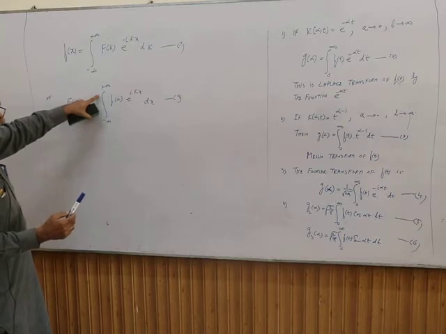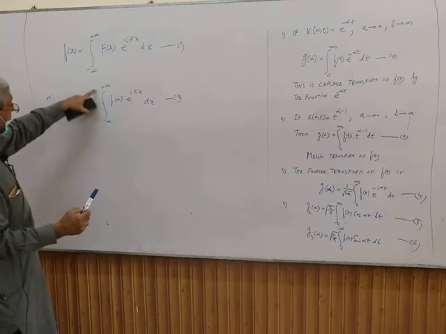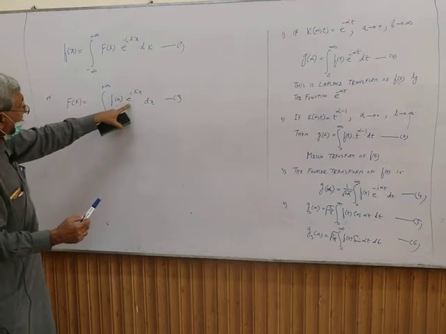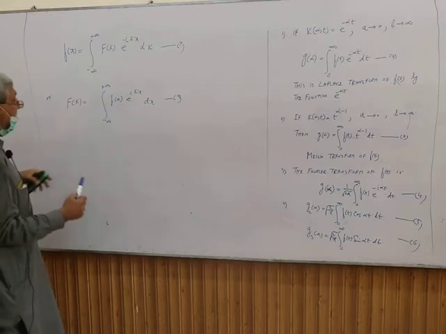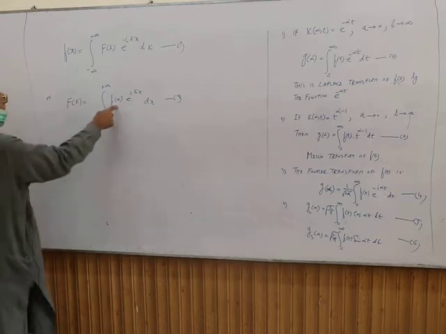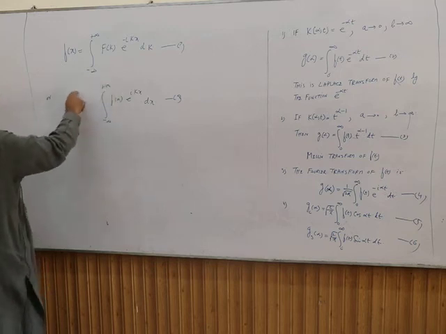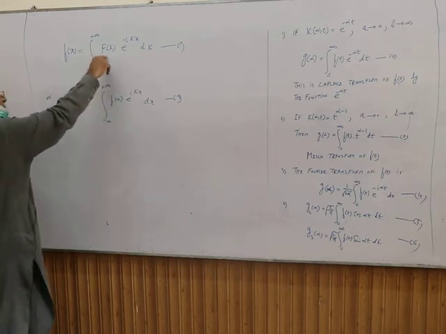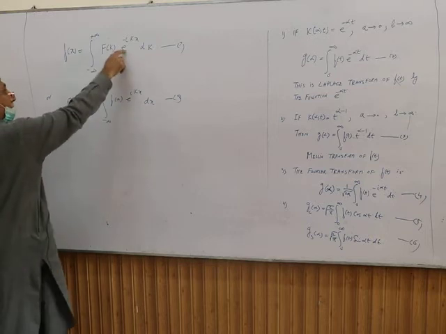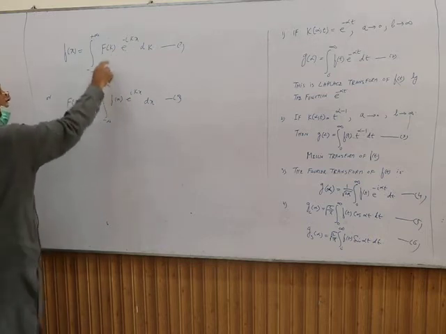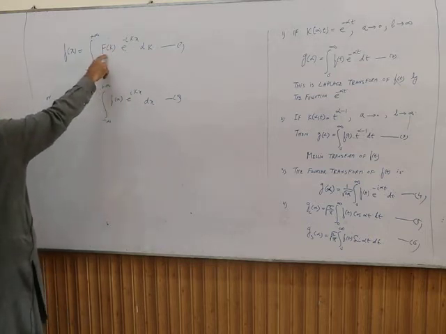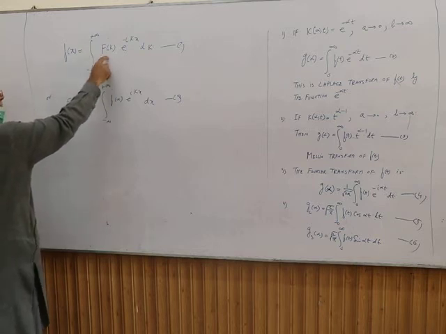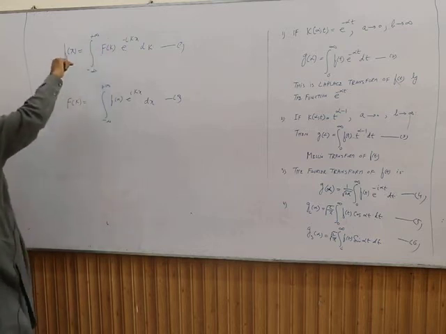So look at the thing. f(x) e raised to the power ikx dx is the transformation of the function f(x) into f(k). And if you look here at the sign, both are opposite in sign. It is the transformation of f(k) into f(x).